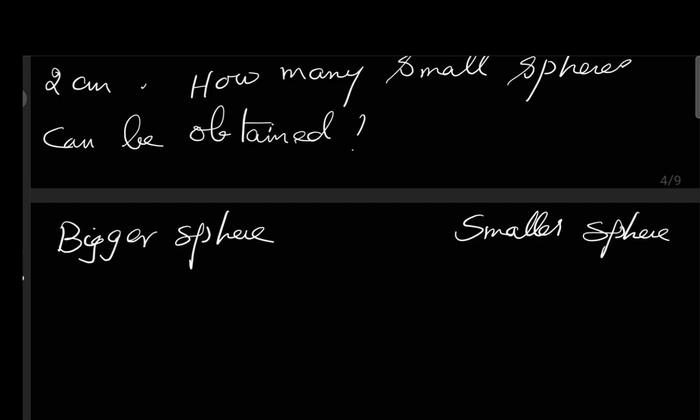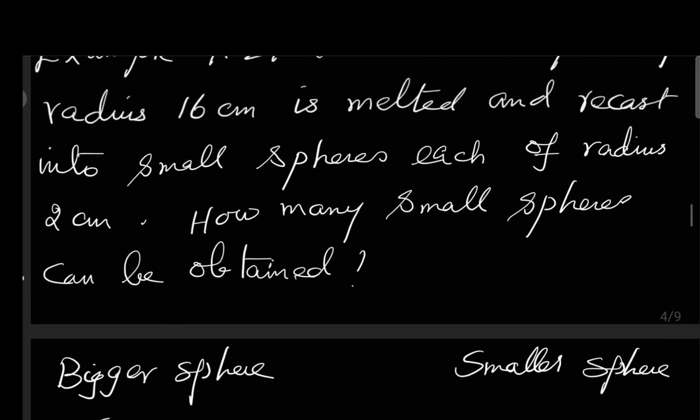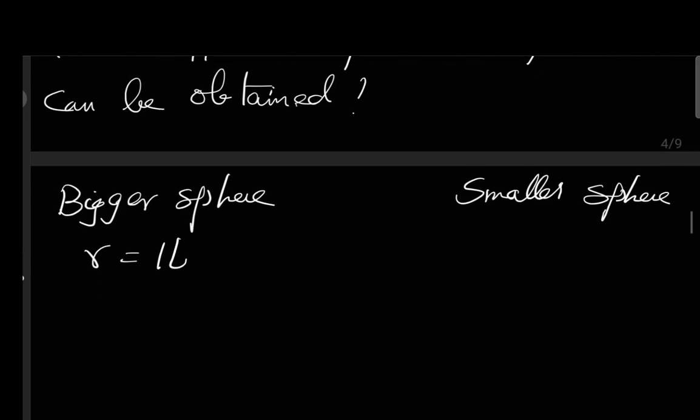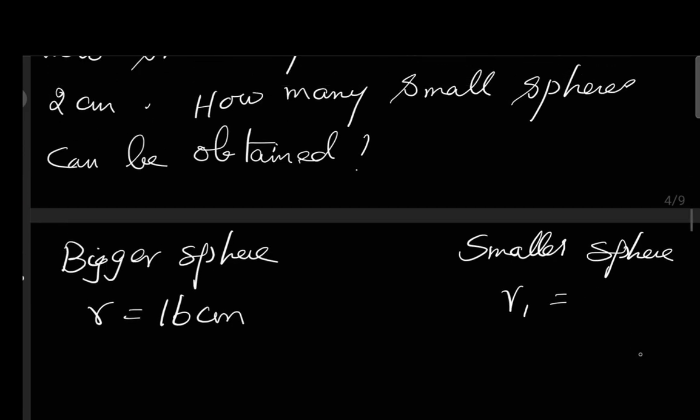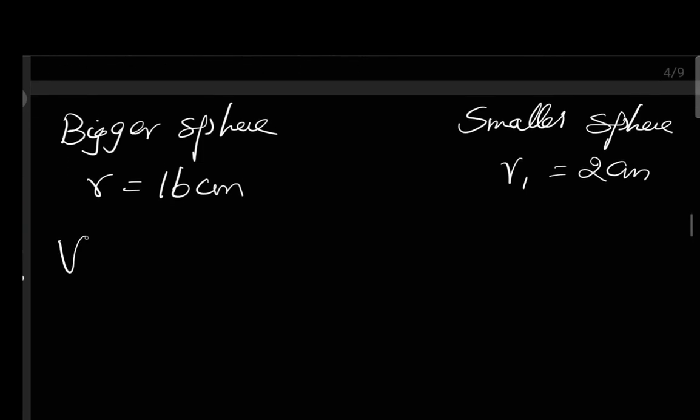So the bigger sphere radius R is 16 cm they have given, and we differentiate this as R1 here. The small sphere radius is 2 cm. See, the volume of the bigger sphere is 4 by 3 pi r cube, cubic units.